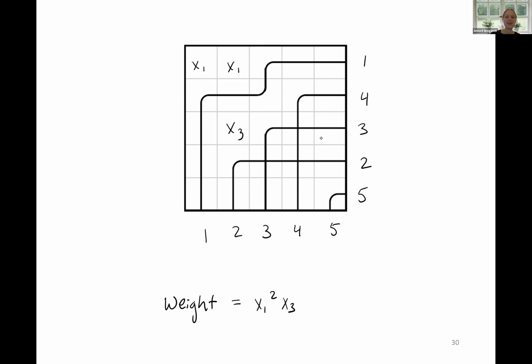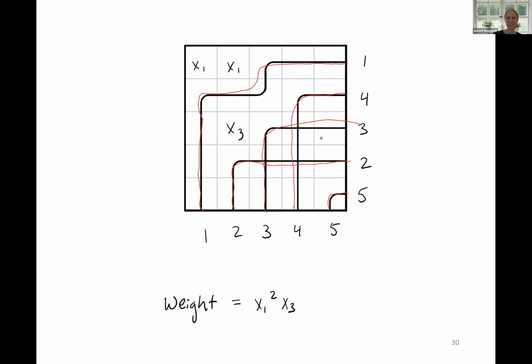For this one, I trace along here and it pops out up here, so I write a 1. The 2 I trace and I write a 2, and so on. What I get is a permutation written in one-line notation, the permutation 1, 4, 3, 2, 5. Then I also get a weight by looking at the boxes that didn't get struck out by any of these pipes.